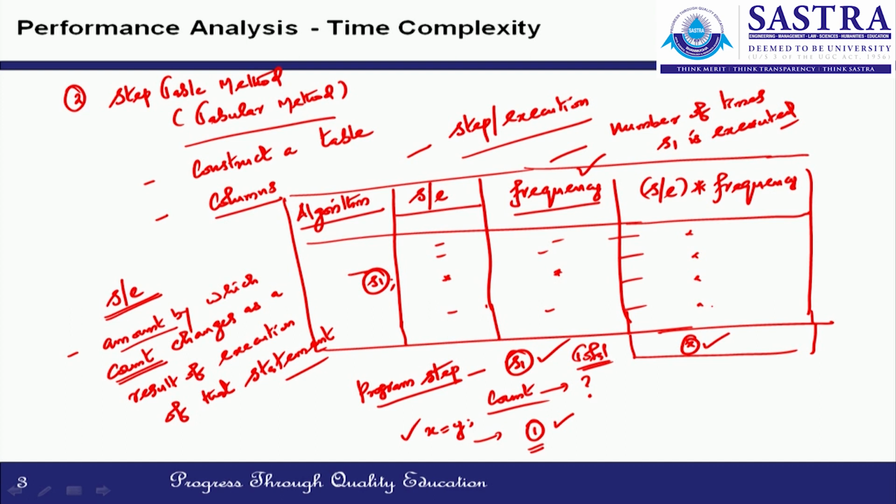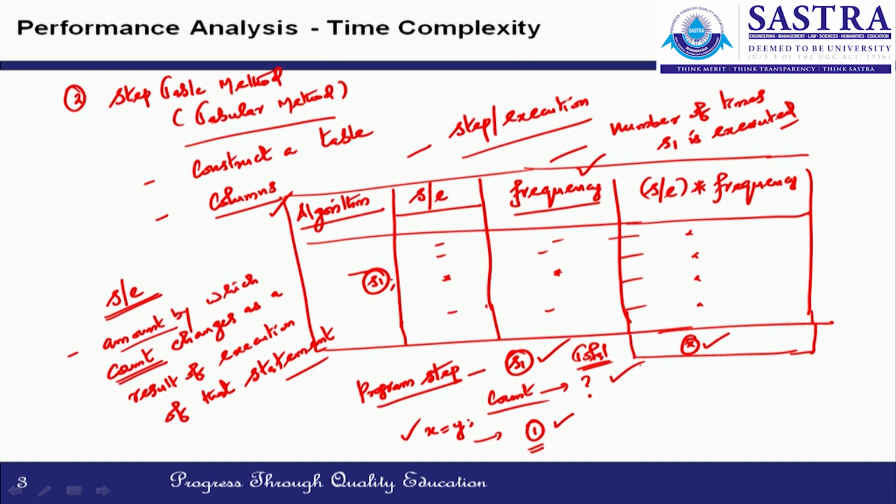So, to find the total number of executable steps of the given algorithm, we need to construct a table like this: algorithm, step per execution, frequency, and step per execution into frequency column. Find the sum of the last column, so that we have the total number of execution steps of the given algorithm.